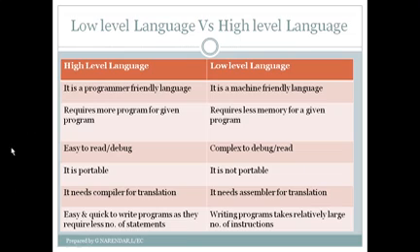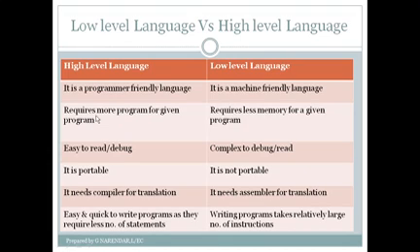Here you can see that high level language is a very programmer friendly language, and as it is written using English-like words, it is very friendly for the programmer because it matches his usage language.